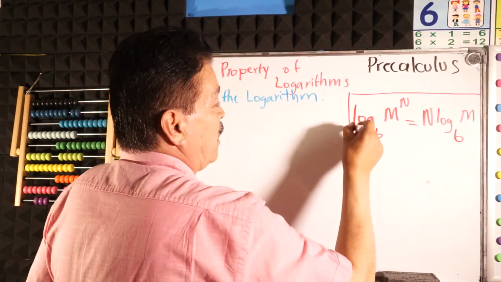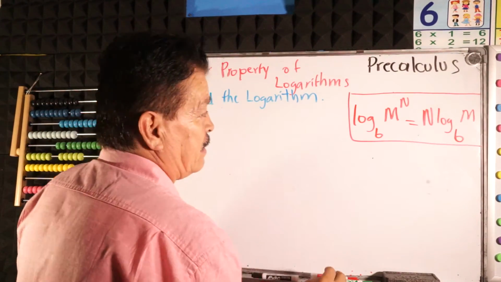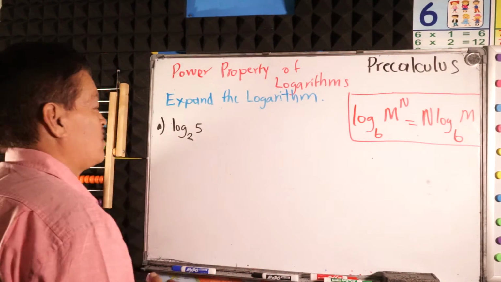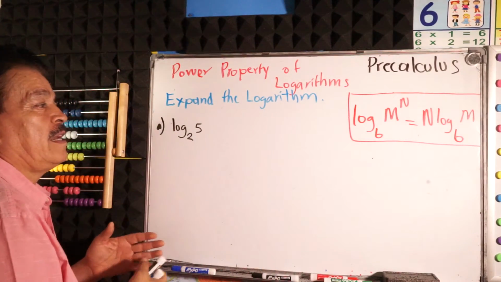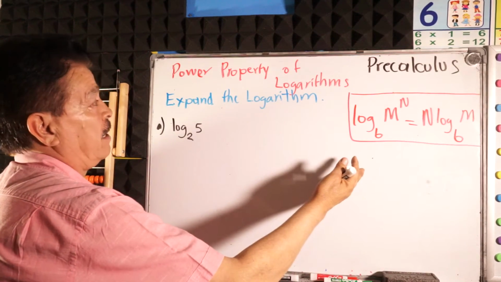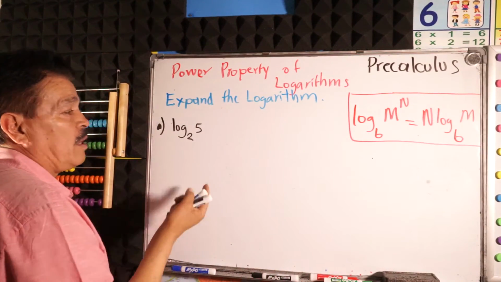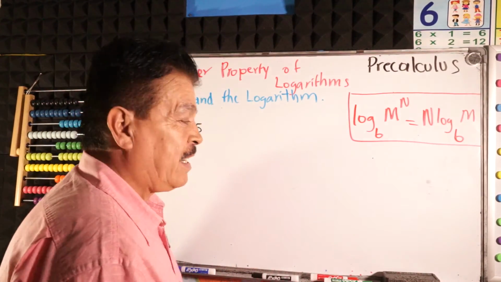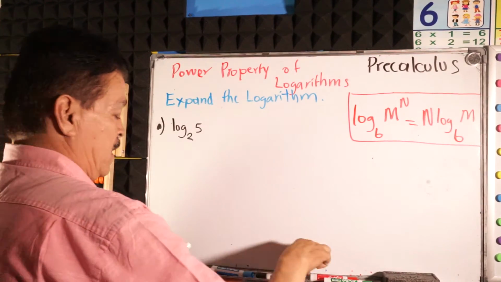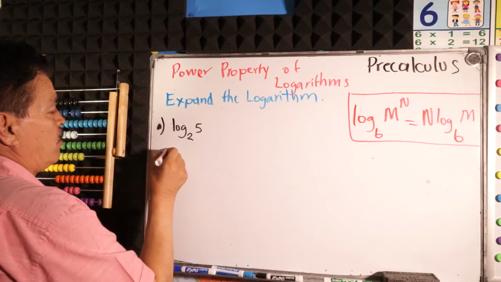This kind of rule we have to memorize. And remember, in mathematics, there are a lot of rules that we have to memorize, right? But right now we have to at least understand what I mean by this rule, this property. All right, we have this problem. It's very simple, class. Very easy. It's not difficult. Let's solve the problem.